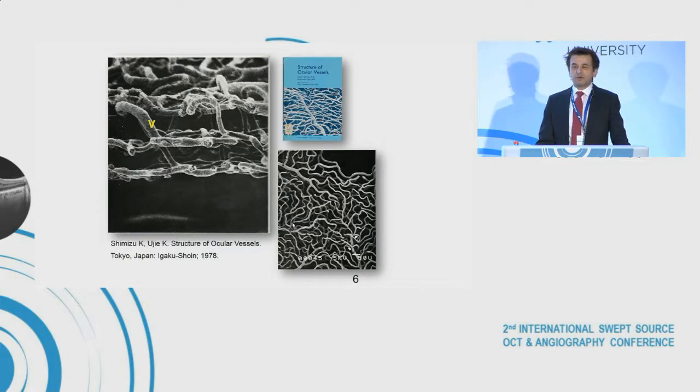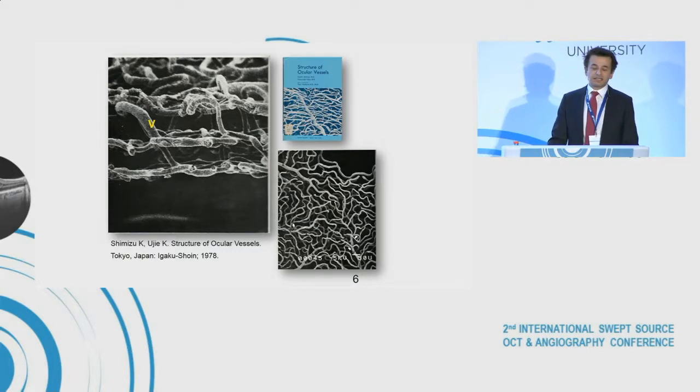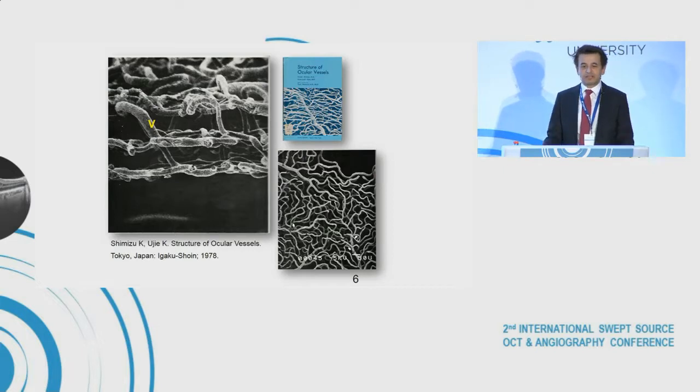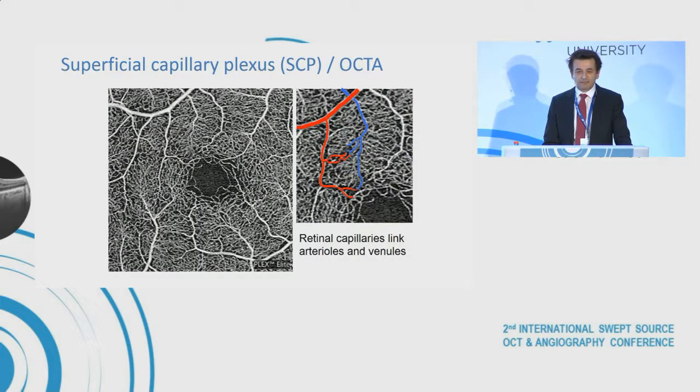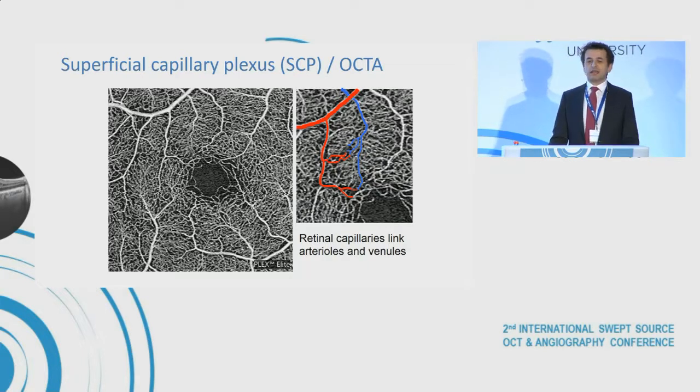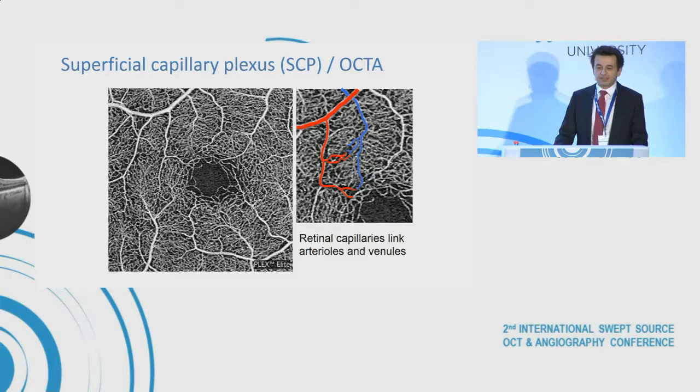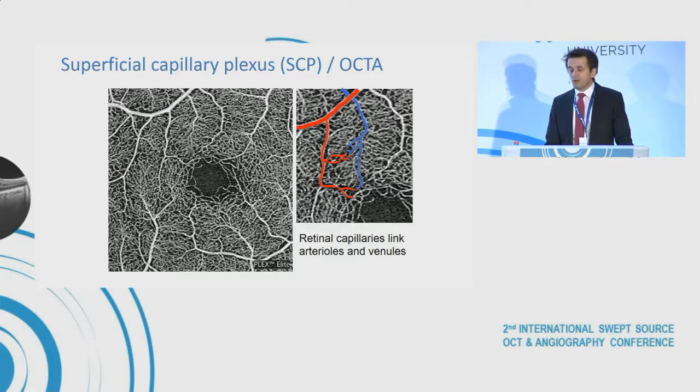So the first point was to see if what we see on OCTA is similar to the classical information we had, like that published by Shimizu and others. Is what has been published what we can see by OCTA, or are there any differences in humans?